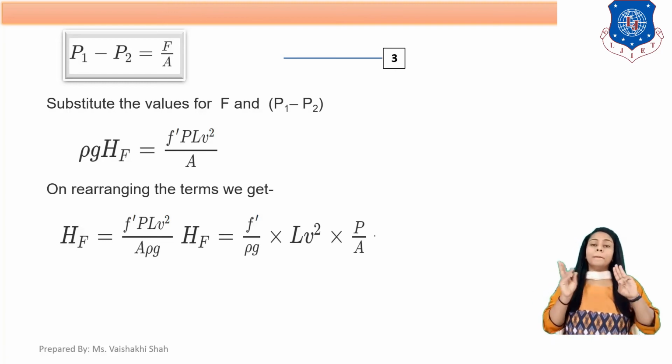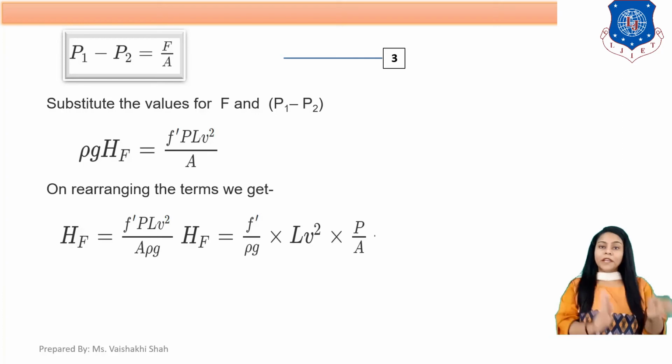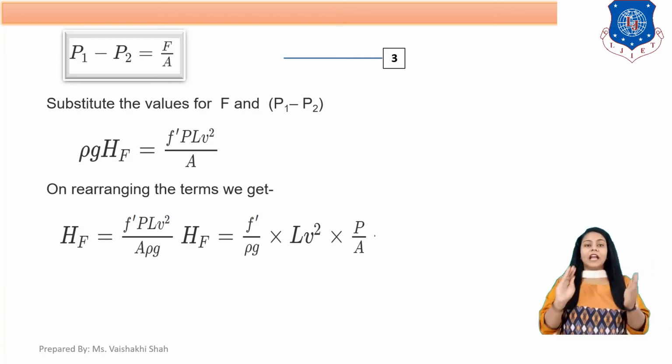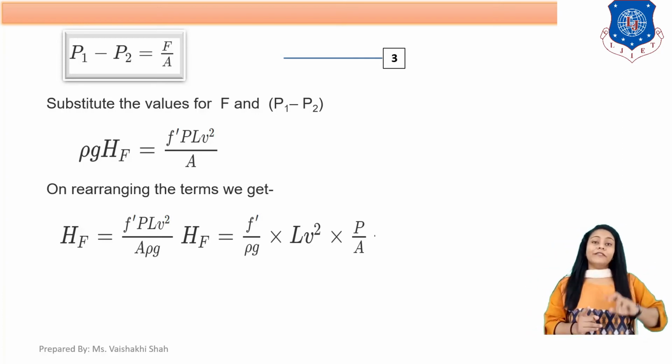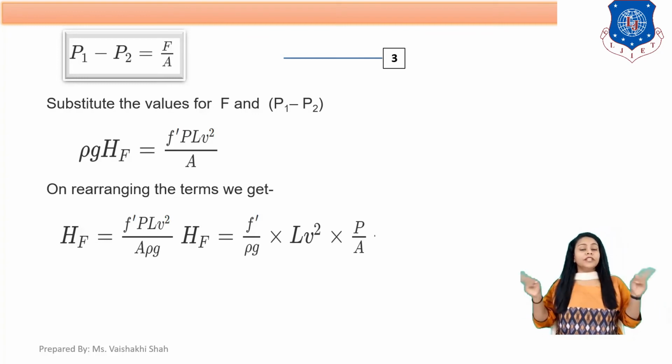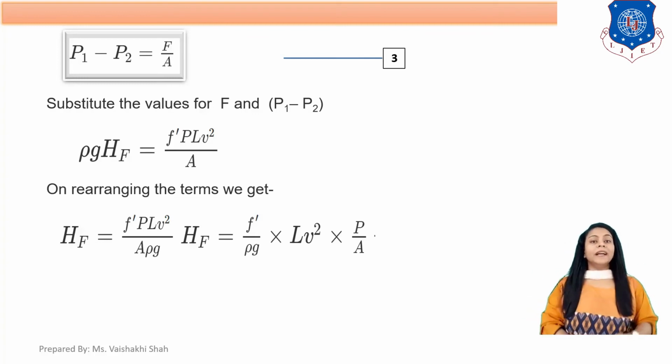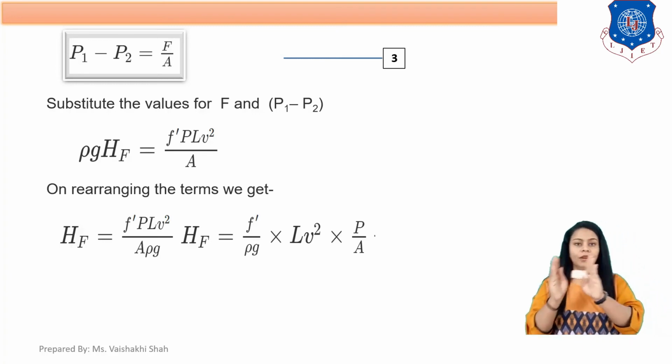Now place the values of P1 minus P2 and F upon A from equations number 1 and 2, which we derived. The value of P1 minus P2 from equation number 1 is rho g into HF.